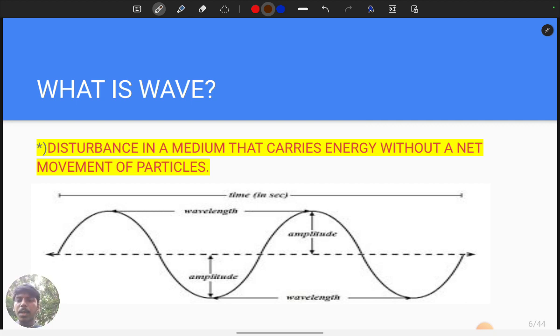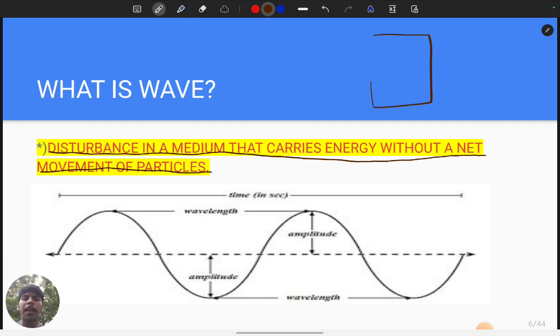A wave is a disturbance in a medium that carries energy without a net movement of particles. For example, when we take a beaker, let me fill it with water. So this is water.